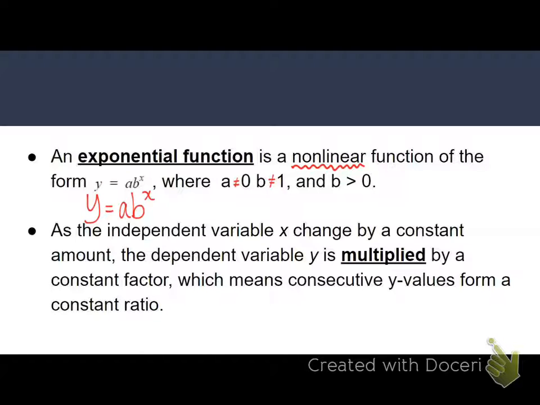What does the word nonlinear mean to us? It what? Very good. Not a straight line. So nonlinear means it is not a straight line or not a straight path.